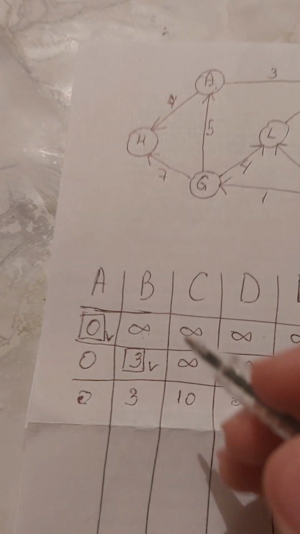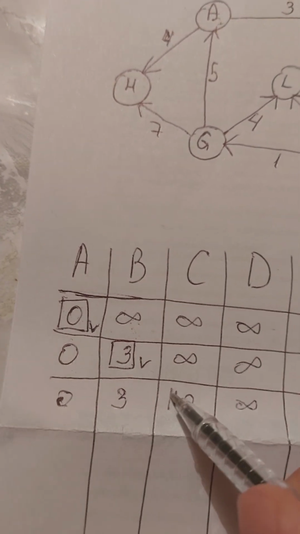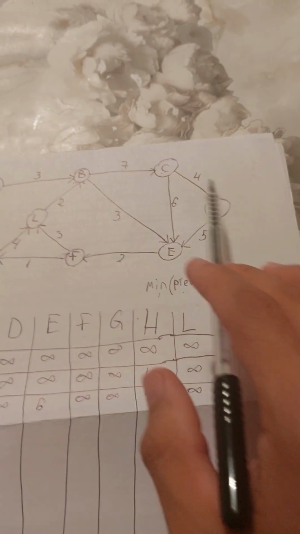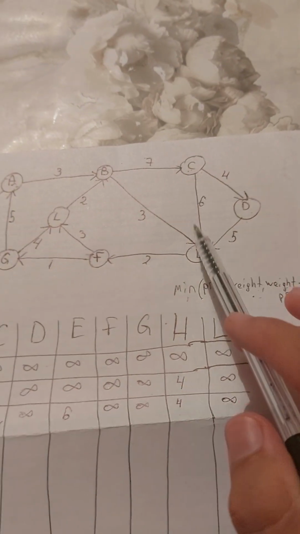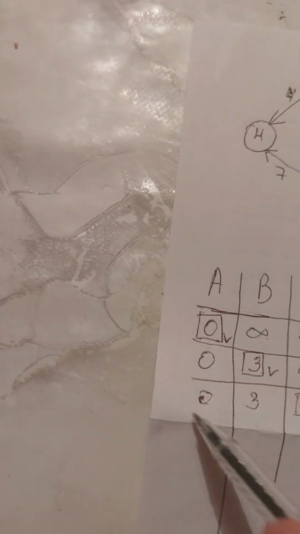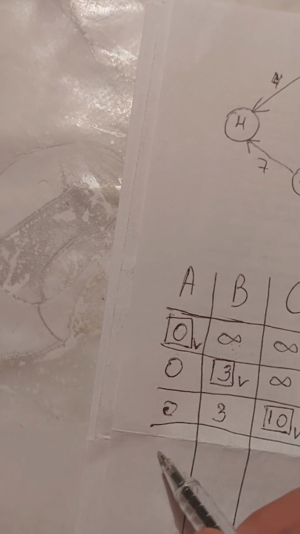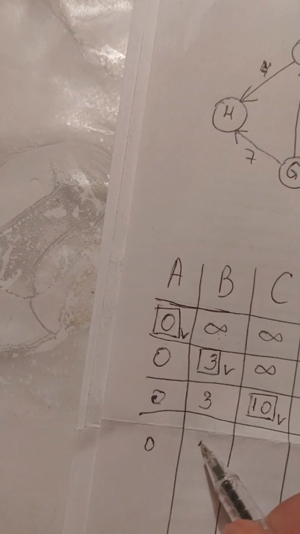Let's define C as the previous label. From C we have paths to D and E. So here we keep 0, here we keep 3.